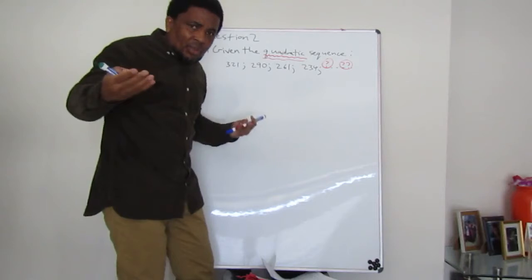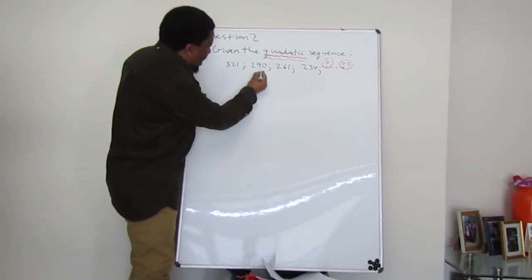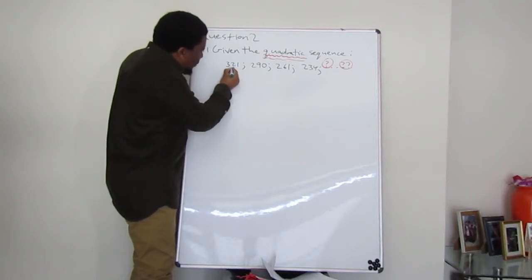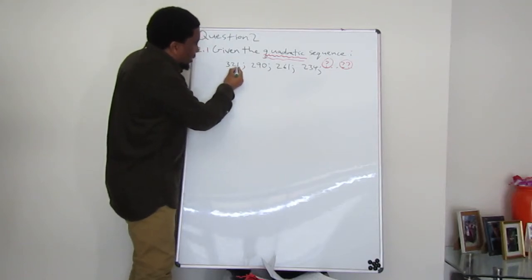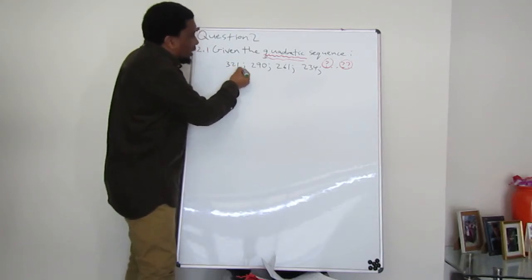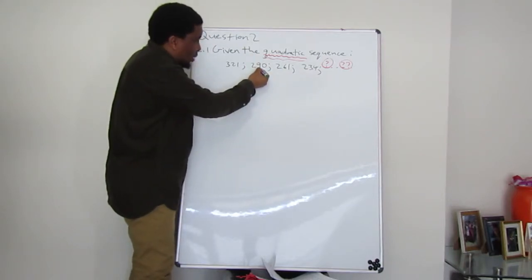What is the difference, for example, if I go from 321 to 290? I'm moving from a bigger number to a smaller number. How much do I reduce? If I reduce by 21, I will reach 300. Then I must reduce by 10 to get to 290.